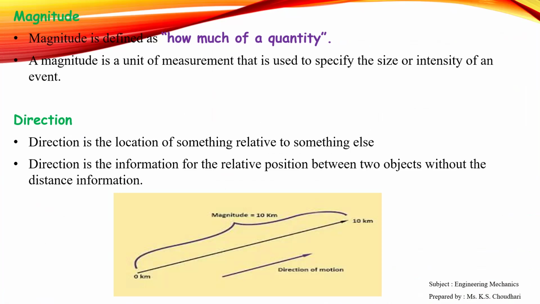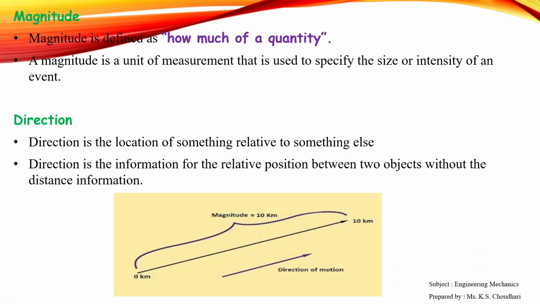Now, what is magnitude? Magnitude is defined as how much of a quantity. A magnitude is a unit of measurement that is used to specify the size or intensity of an event. Now the direction. Direction is the location of something relative to something else.